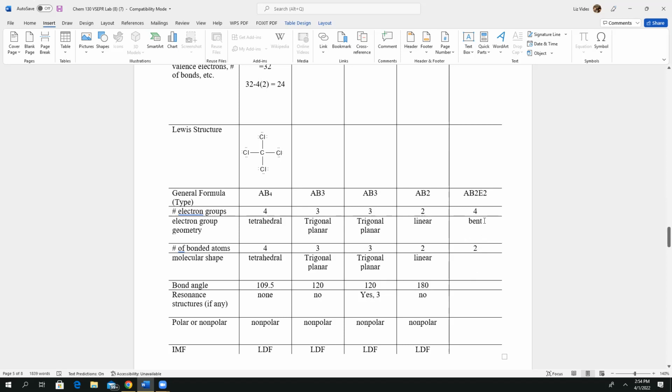Oh, sorry. So that's tetrahedral for this part. Tetrahedral because we have 4 things, but bent because only 2 of them are bonded, yes, exactly. 104.5. The answer is no resonance here. And is it polar? Yes, it is polar.